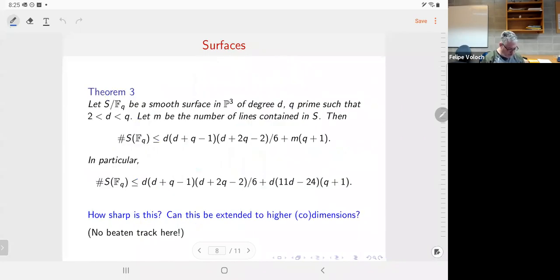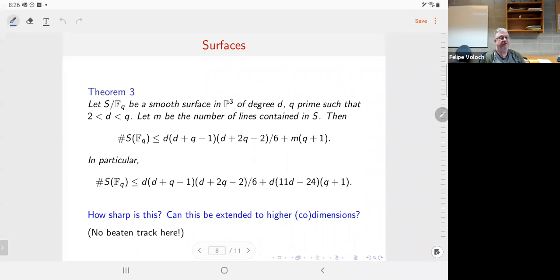Okay, so now I want to move on to surfaces. We have the Weil bound. We also have the Lang-Weil bound. We have the Weil conjectures. We can bound the number of rational points on surfaces. We don't have the theory that we have for curves, right?